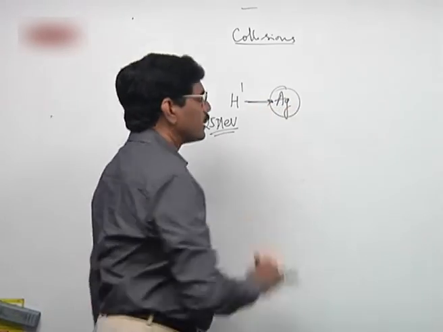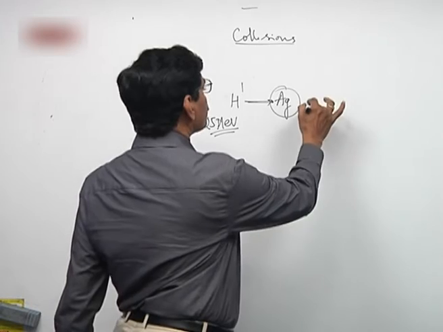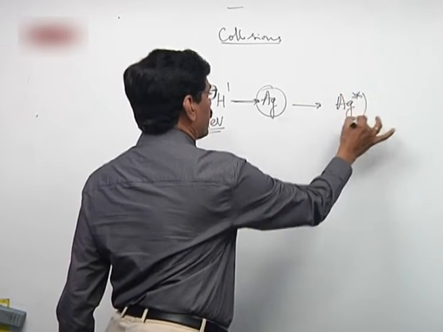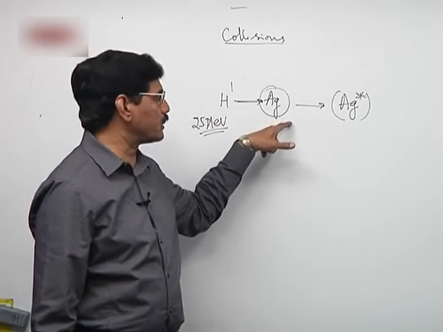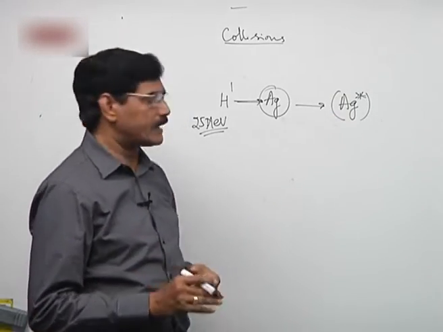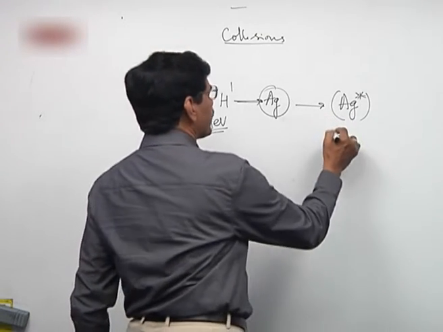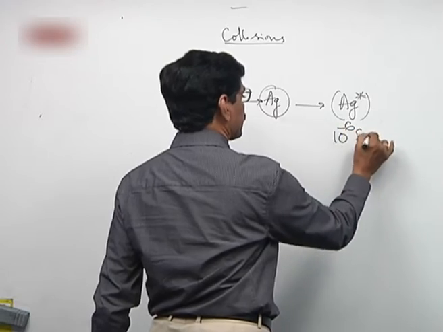It penetrates into the silver nucleus and forms an excited silver nucleus. That is, this proton enters the silver nucleus and makes it get excited. It is called an excited silver nucleus. This takes place in the order of 10 to the power of minus 6 seconds.